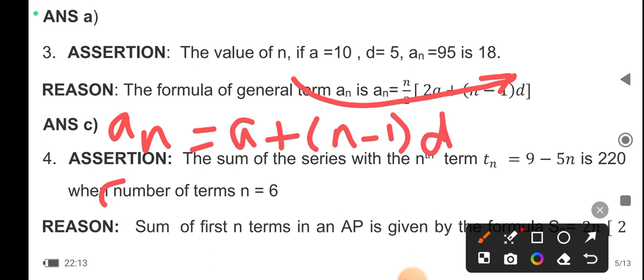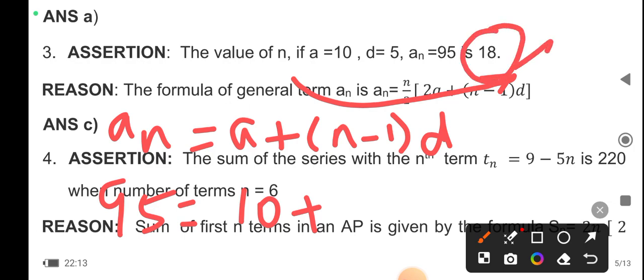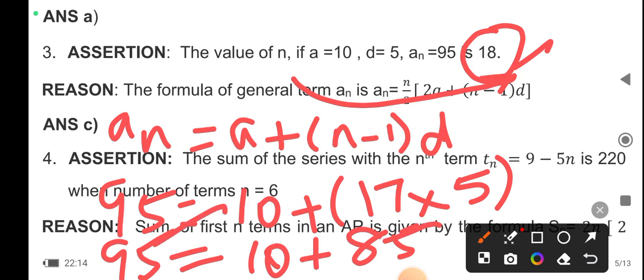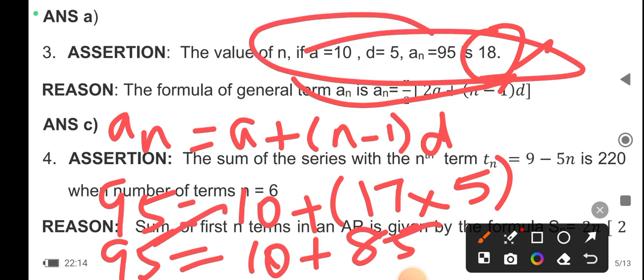Here an is 95, a is 10, n we don't know, but they have given n as 18. So I have to check. 18 minus 1 is 17, d is 5. 10 plus 17 fives, if I check it now, I will get 85 plus 10, which is 95. So 95 equals 95. So the assertion is true.